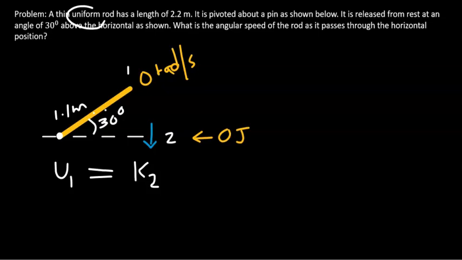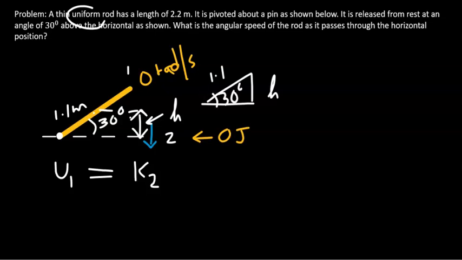The vertical distance of this center of mass from the 0 joule level is represented by that height, h. So we can calculate what that height is from simple trigonometry. So this is h, this is 1.1, and this is 30 degrees.